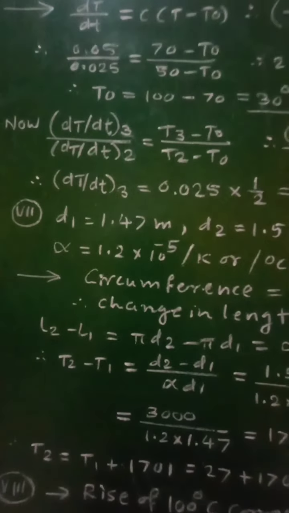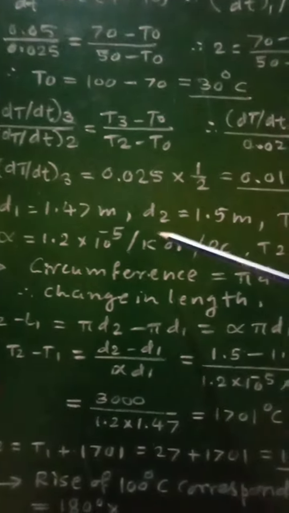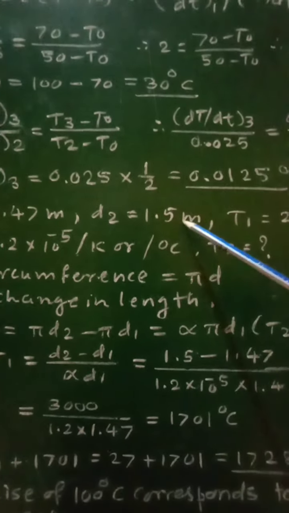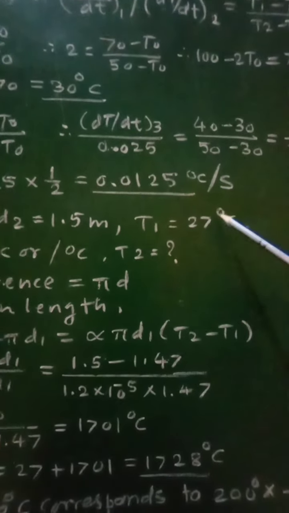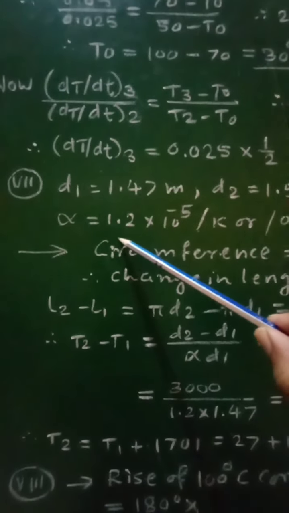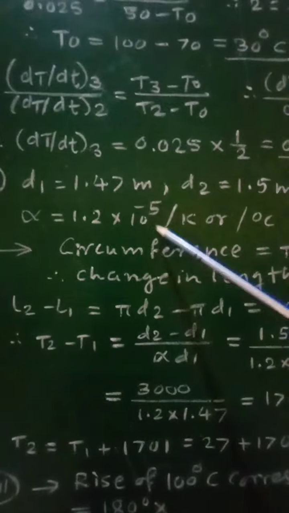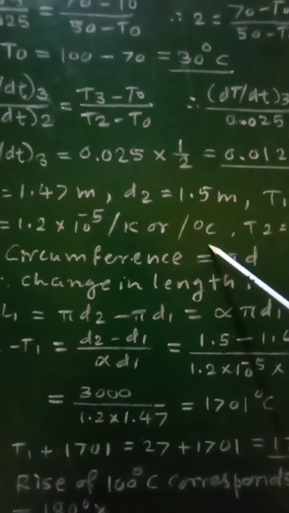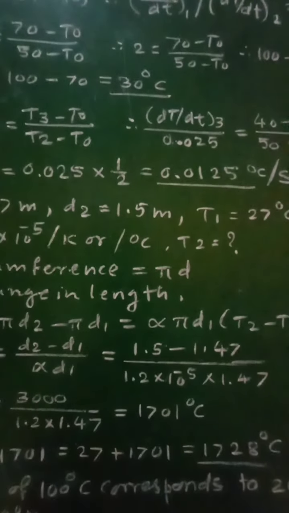So for the iron ring, D1 is equal to 1.47 meter. For the wooden rim, D2 is equal to 1.5 meter. The first temperature T1 is given as 27 degrees Celsius. Then the coefficient of linear expansion for iron is given as 1.2 into 10 raised to minus 5 per Kelvin or per degree Celsius, and we have to find the final temperature T2.